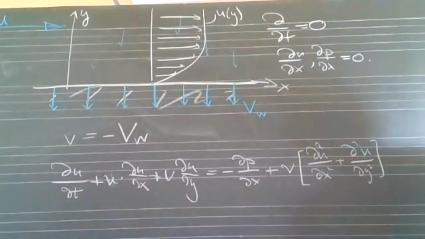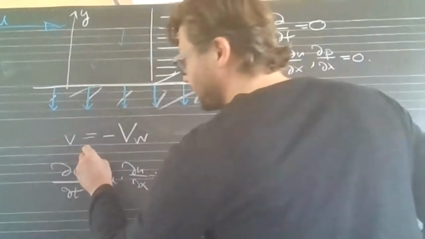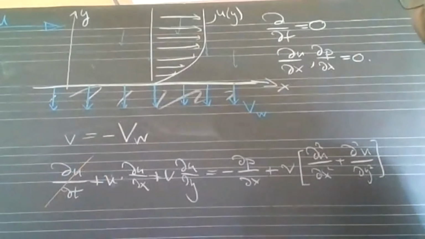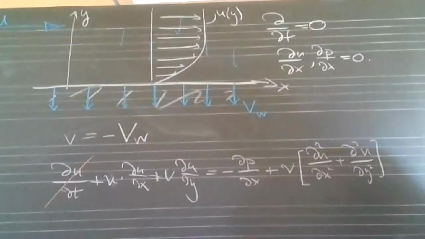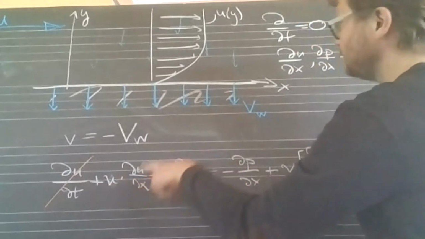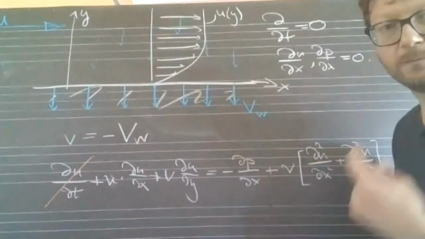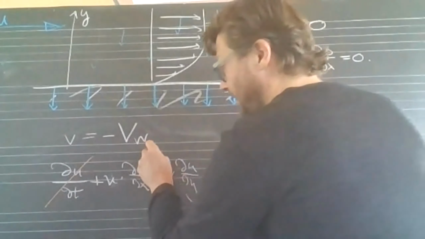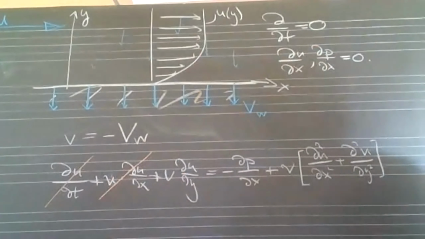Now there's a lot we can throw out. We can throw out the first term because we're looking at the steady flow situation. We can throw out this term because we have a du dx, and we assume that nothing is changing in x direction.